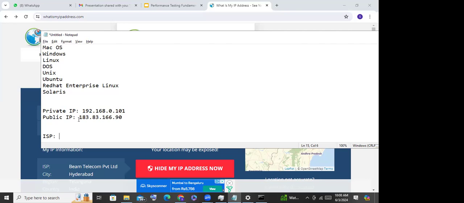But if you need to be reached at the same address every time, you need a static IP. For example, an application like google.com or ICICIbank.com needs a static IP address because it should not change too much. But if I'm just connecting to the network, whatever the IP is, who cares, isn't it?